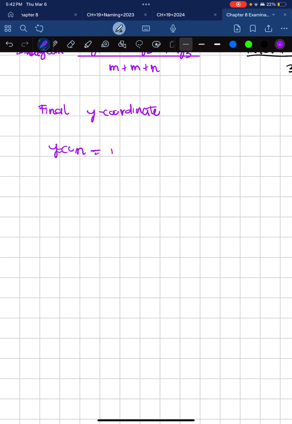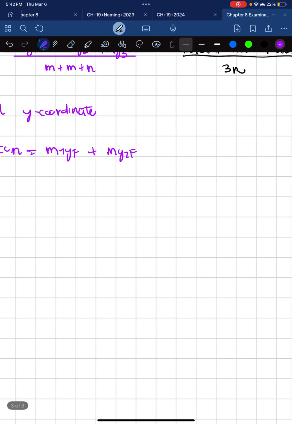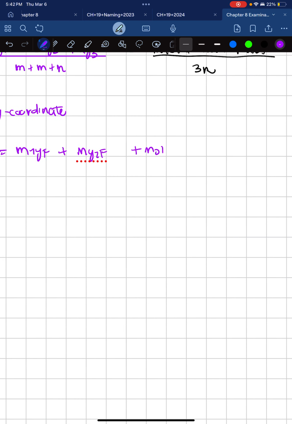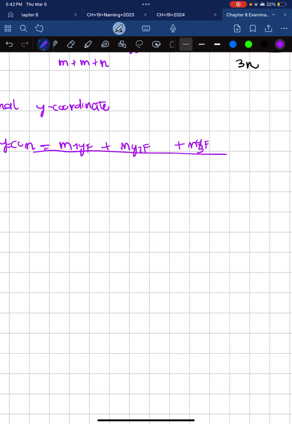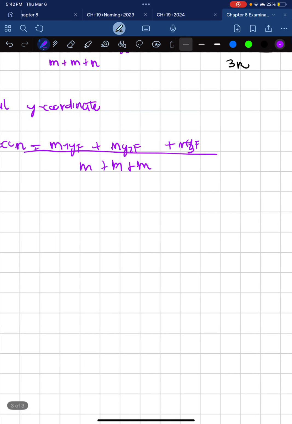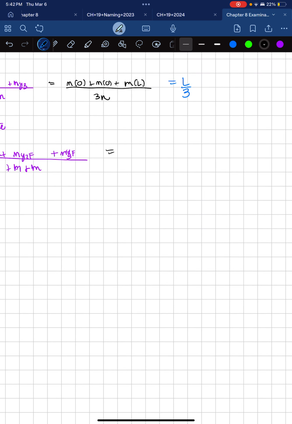The center of mass was M1 final plus M2 final plus M3 final, and then we have mass. Let's go ahead and solve that. Let's just plug in what we have.